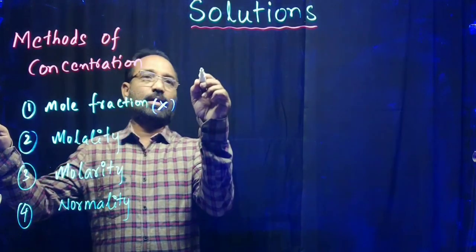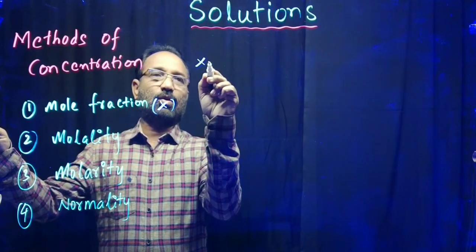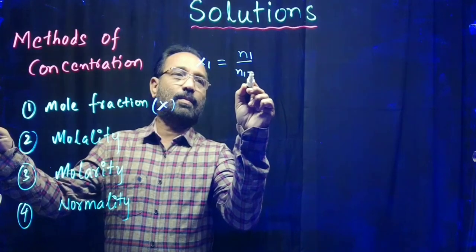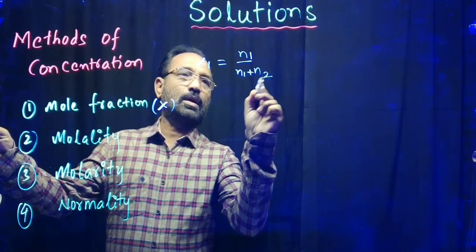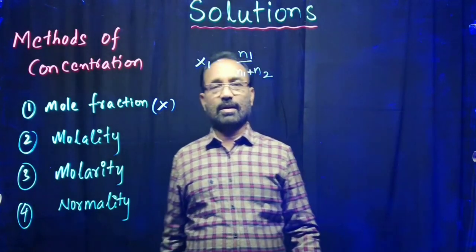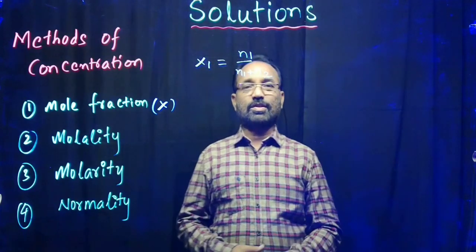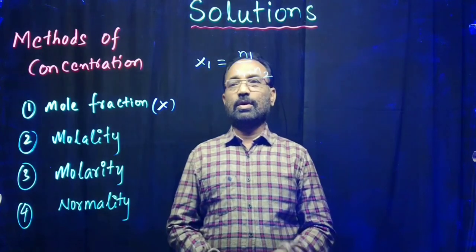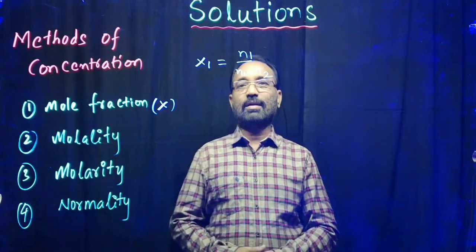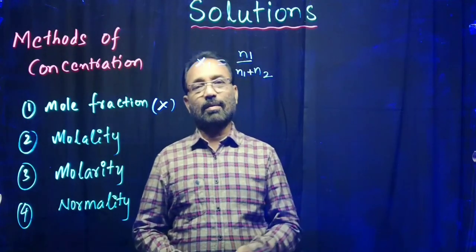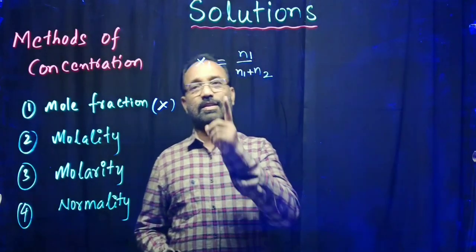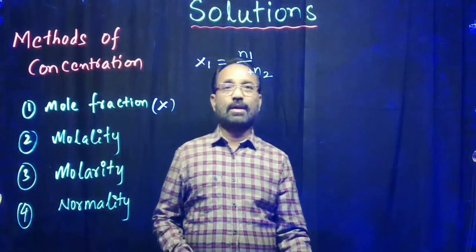Let us take the mole fraction x1 equal to N1 by N1 plus N2. Here N1 is the number of moles of the component 1 and N2 is the number of moles of the component 2. Here the mole fraction x1 equals number of moles of given component by total number of moles of the components. So this is mole fraction of first component.